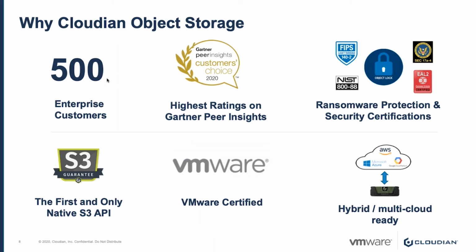And last but not the least, Cloudian is a truly hybrid cloud, multi-cloud solution. So if you're extending your IT infrastructure to leverage any of the public clouds, you want a solution that can make it happen, right? You can seamlessly tier data from Cloudian Object Storage to any of the public clouds at a granular bucket level.